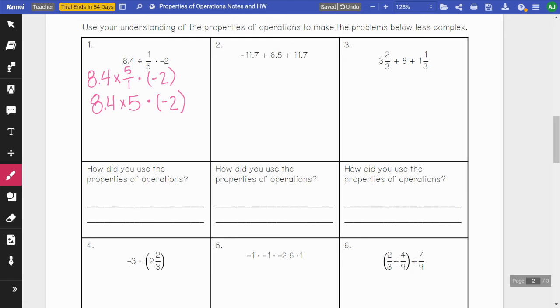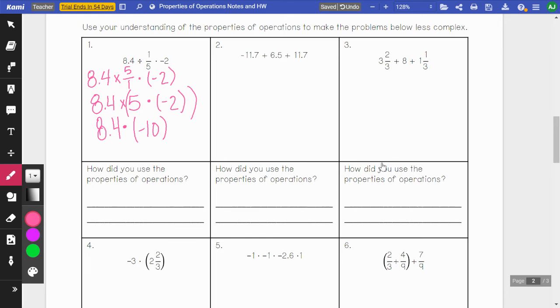So I can go ahead and multiply, and in this case, I would multiply my two whole numbers first and then multiply my decimal second. I know I am able to do that per the associative property. If you need to go back and look at that definition, feel free. 5 times negative 2 would be negative 10.